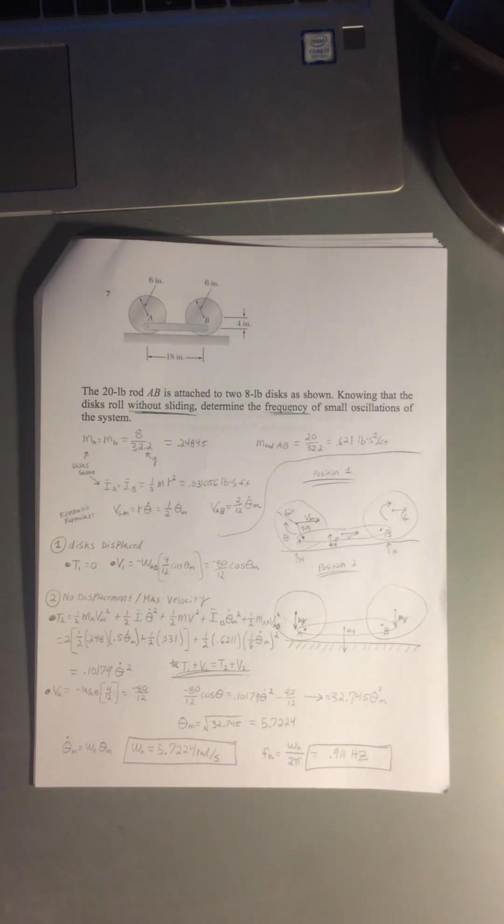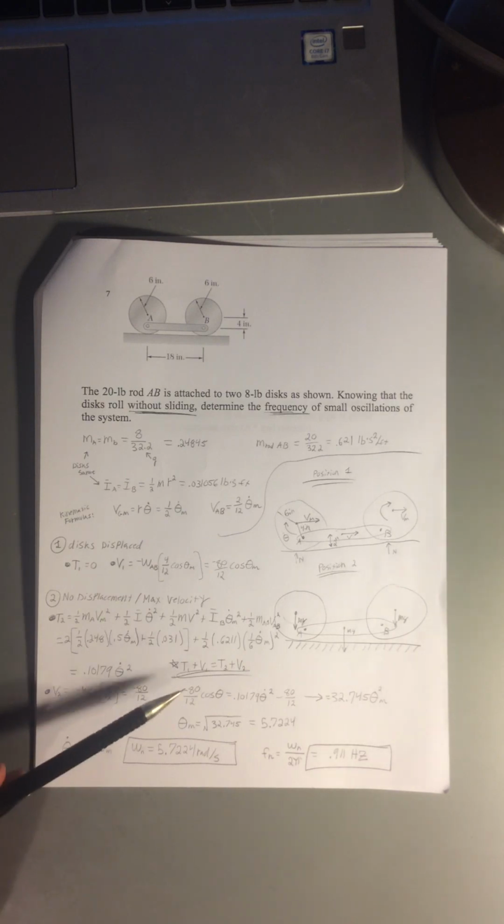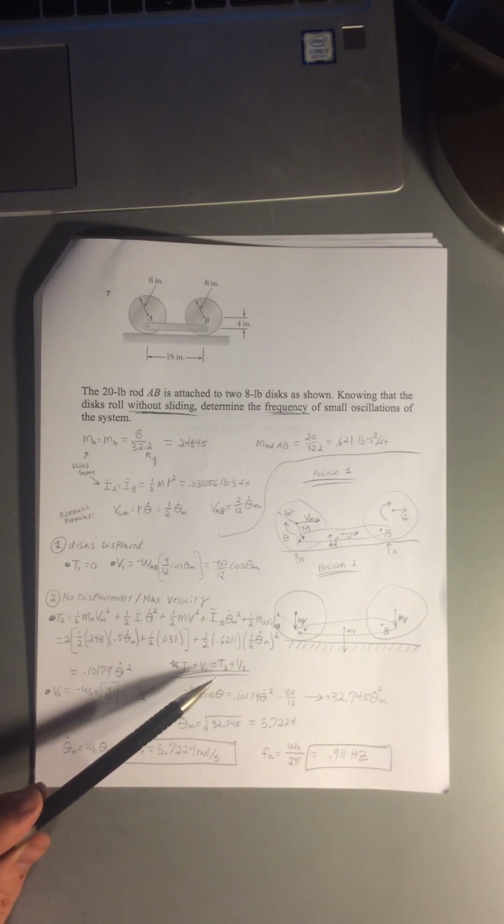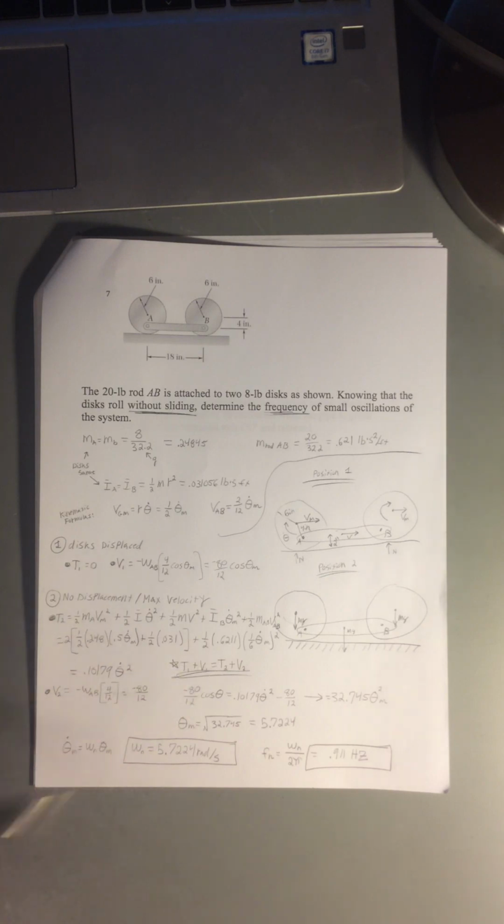So now that we have that part out of the way, we can actually start to solve this problem using the energy equations. And so basically the goal here is to use this equation where kinetic 1 plus potential 1 equals kinetic 2 plus potential 2, and so we need to find both of those. And so I drew a real quick diagram here of position 1 and position 2.